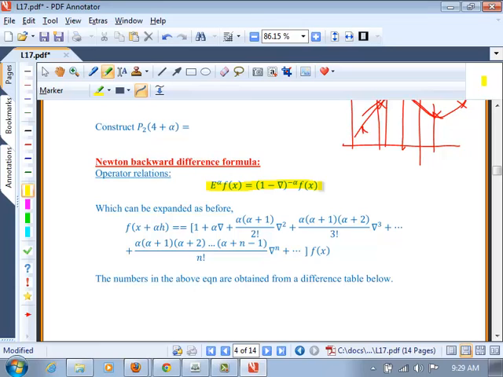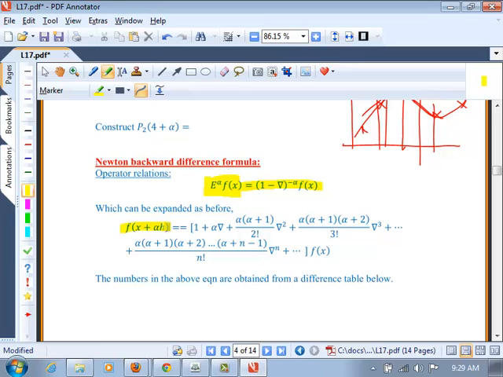Then I'm doing exactly the same thing as I did for the forward difference operator. On the left-hand side I expand this, and that gives me shifting in the forward direction. If I put minus alpha, then I will be shifting in the backward direction, but here it is plus alpha. And I have 1 minus the inverse, the backward difference operation, to the power minus alpha.